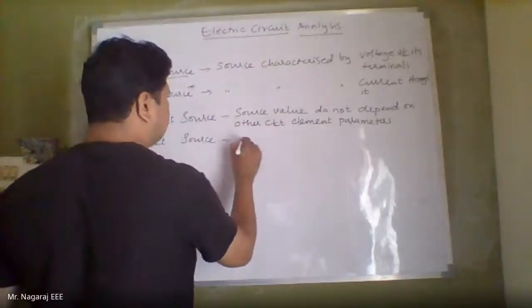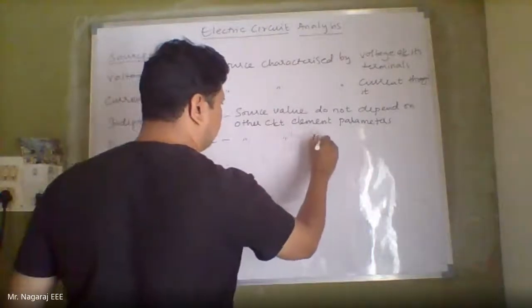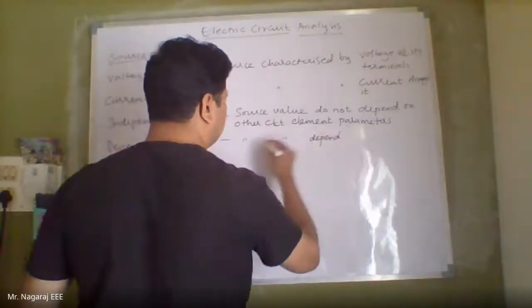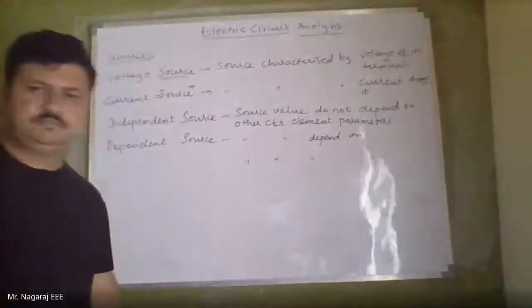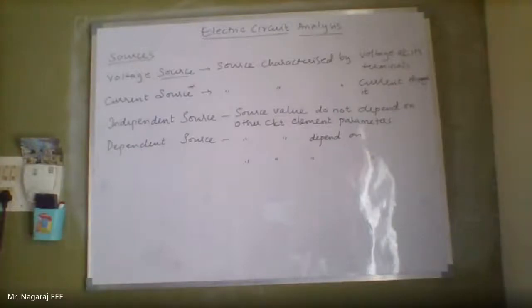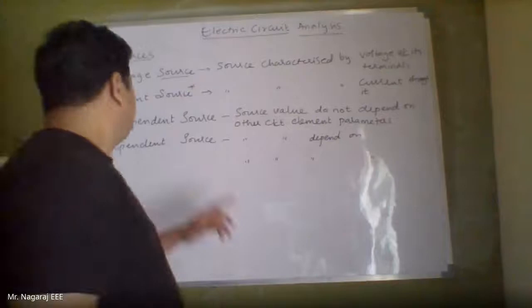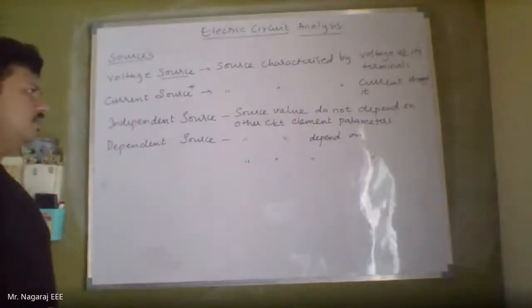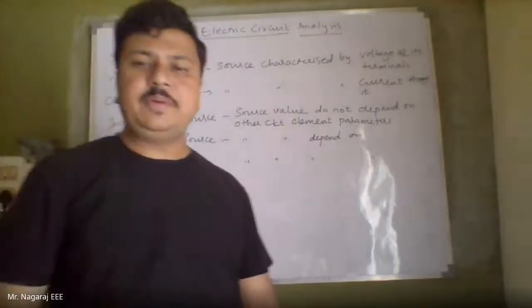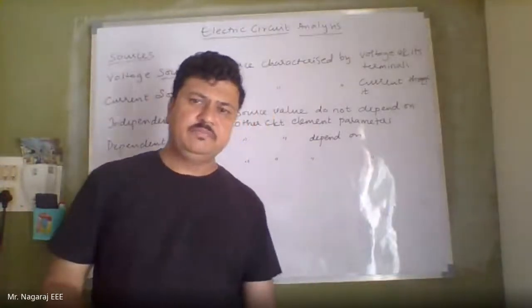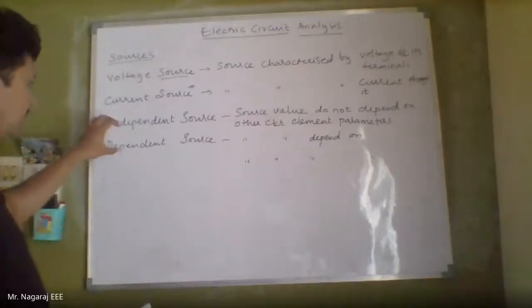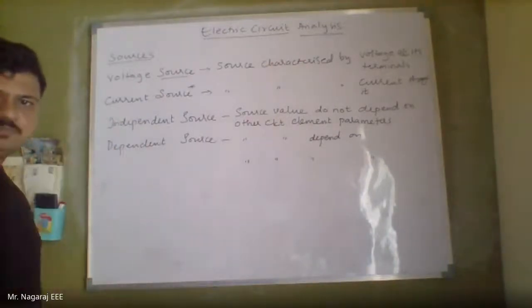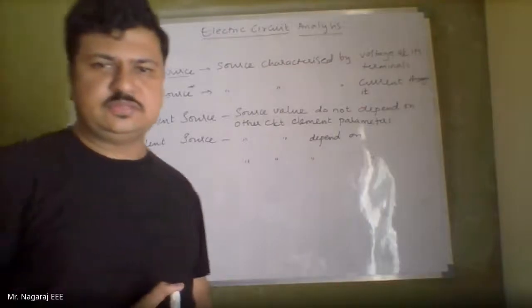Whereas in a dependent source, the source value depends on other circuit element parameters. So those are called independent sources which have their source value independent of any circuit parameter. If the value of that particular source depends on some other circuit parameter, it is called a dependent source.